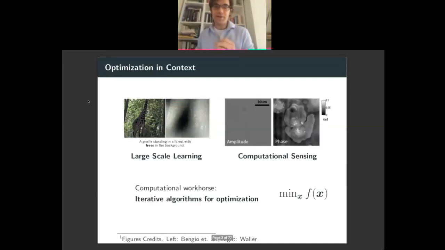This is in contrast, and this is where I think the title of this seminar is interesting, with some classical applications of optimization. If you think about a logistics problem or some sort of a portfolio picking problem, you want to know that you're doing as well as possible, but locally improving your situation is very meaningful.